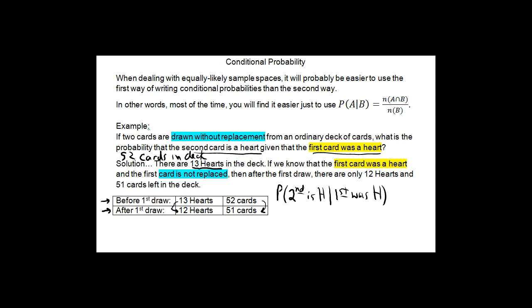And of course, that's going to be the basic probability principle. After I've drawn the first heart, I'm now looking at this line. I've already drawn a heart, so I'm down here.